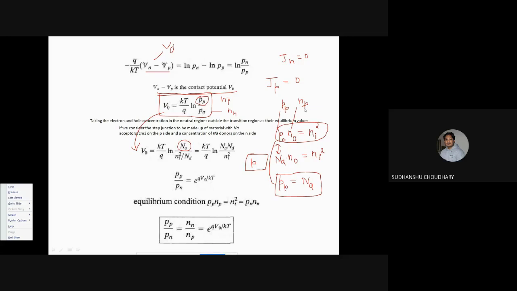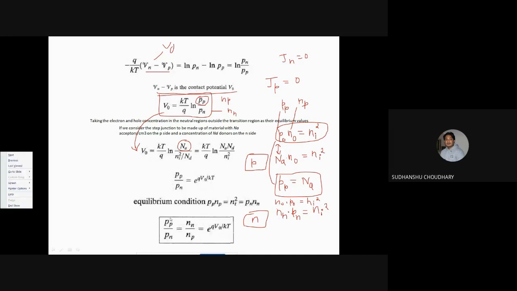For an n-type semiconductor, we write electrons in n-type semiconductor multiplied by holes in n-type semiconductor, that is n naught multiplied by p naught, is equal to ni square, right? For an n-type semiconductor.